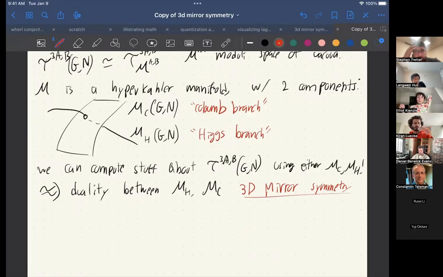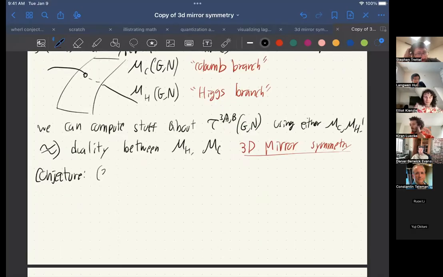So let's write this down as an actual precise conjecture. When I'm saying precise, I mean precise in the physics words, okay? So conjecture, which is 3D mirror symmetry to a physicist.